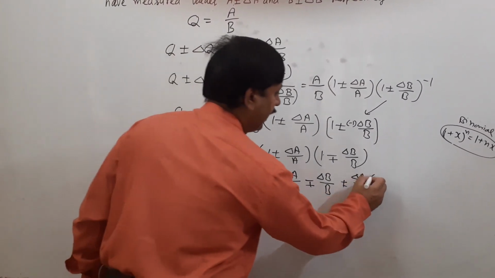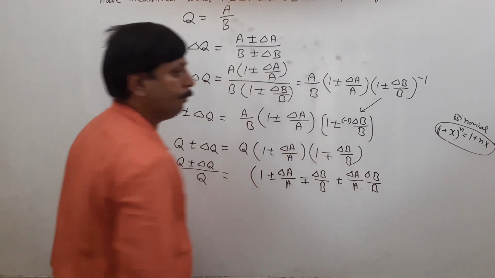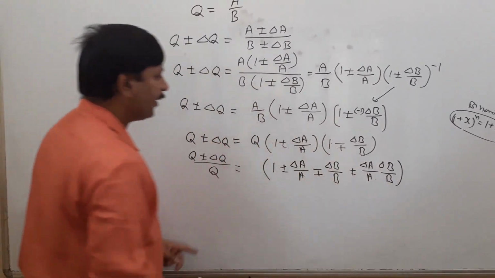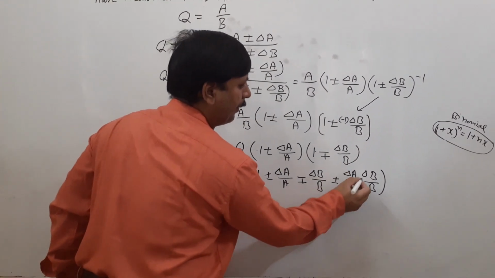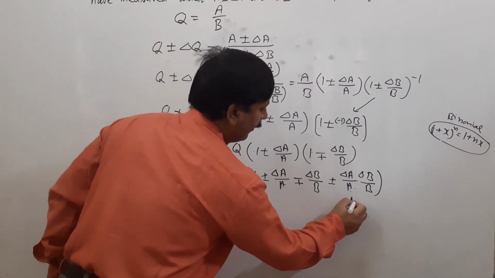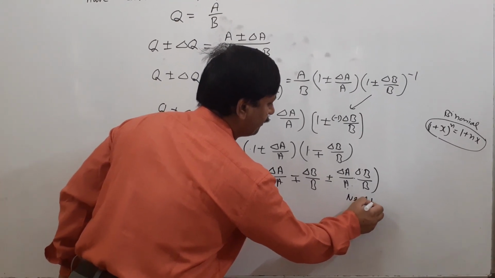I have told you these are very small, del A upon A and del B upon B, so their product is taken as negligible.